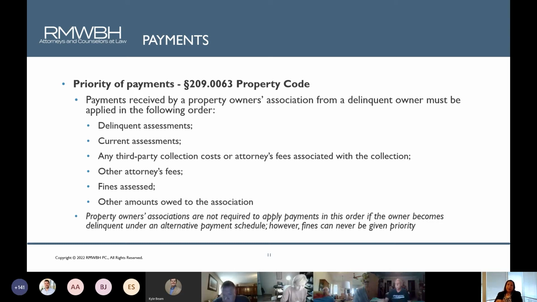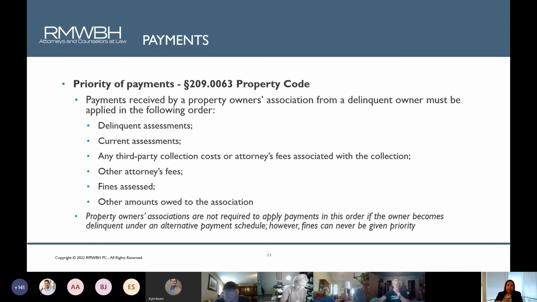So it's really important to make sure that your association is following the priority of payments application process under the Texas Property Code. We have heard from some associations and some management companies that the software makes it difficult to apply the payments according to the application of the policy, but that's what the law says, and that's what you have to do.